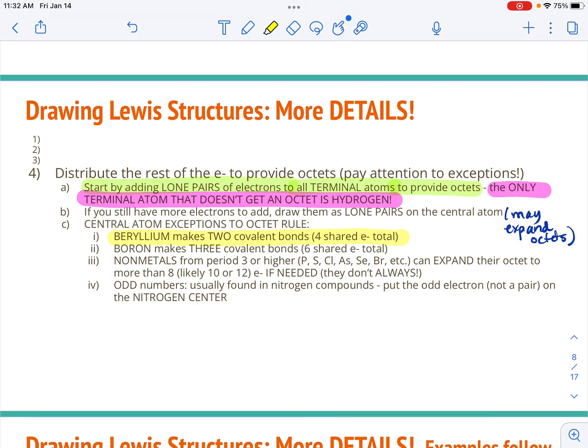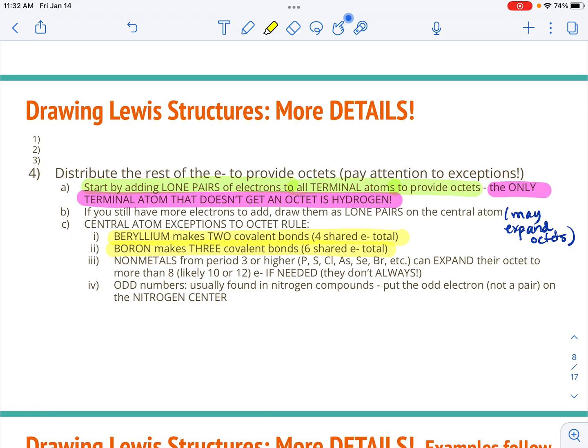Group 1 doesn't usually make covalent bonds, but group 2A and group 3A might, especially beryllium and boron. They're pretty electronegative. So if you have beryllium or boron as a central atom, either one of those will have fewer than 8 electrons when they're finished in most cases. Sometimes aluminum shows up here as well, but it's typically beryllium and boron.